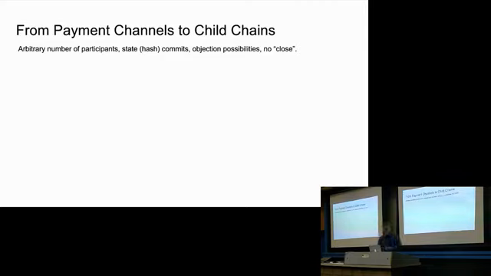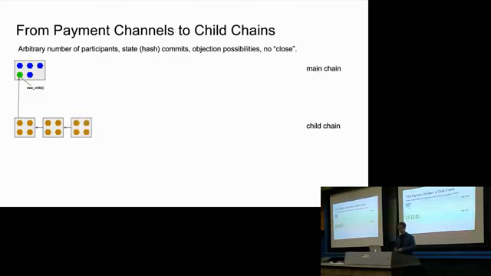Okay, let's take a look at that in detail. We again have a blockchain which we call the main chain, and there is a special transaction that is called new child. And when this transaction is sent to the main chain, a child chain is created.